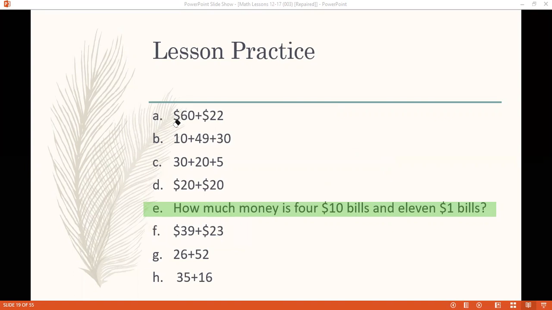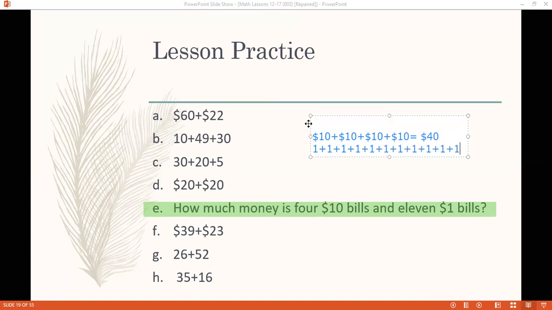So we want to find out how much is 4 $10 bills. So if we have 4 tens, how much is 4 $10 bills? It's 40. And how much is our 11 $1 bills? 1, 2, 3, 4, 5, 6, 7, 8, 9, 10, 11.